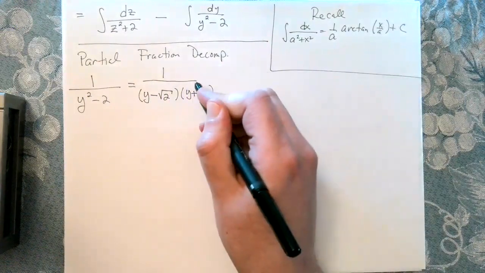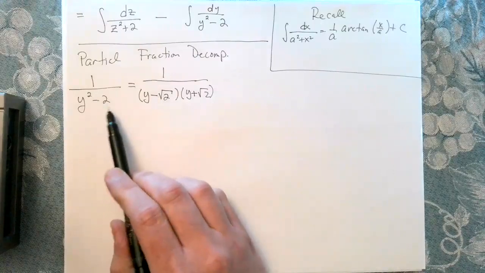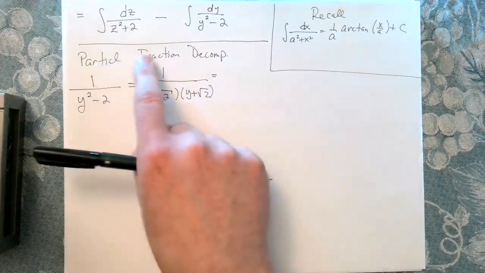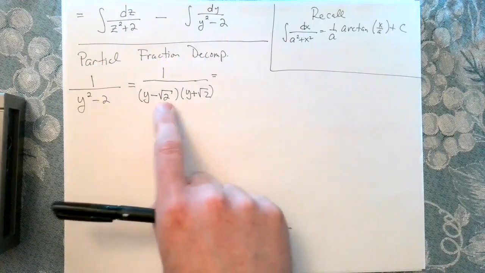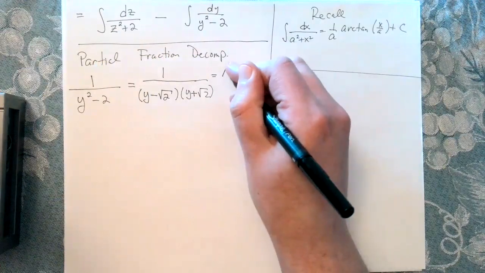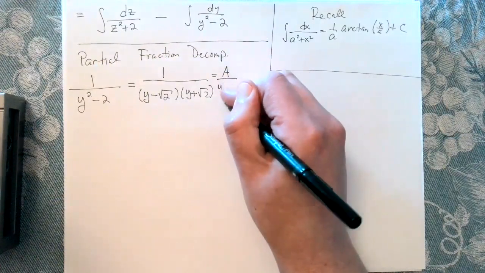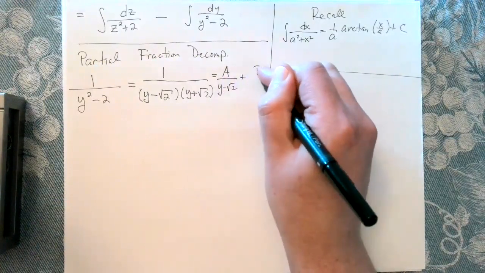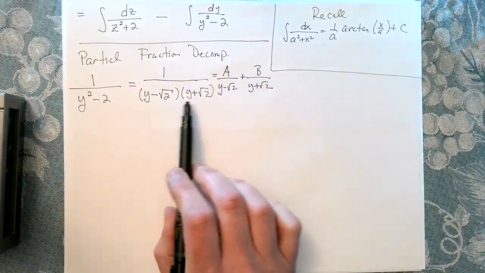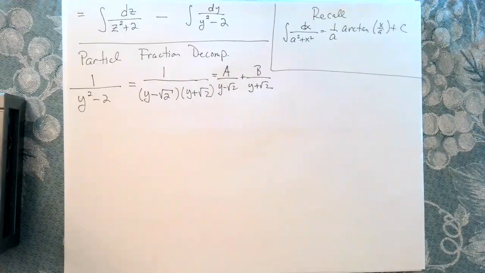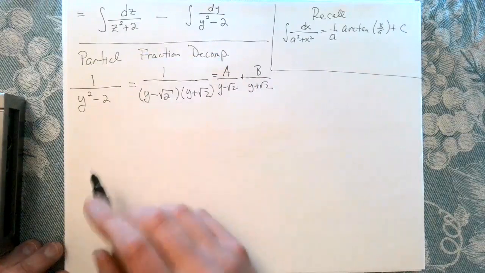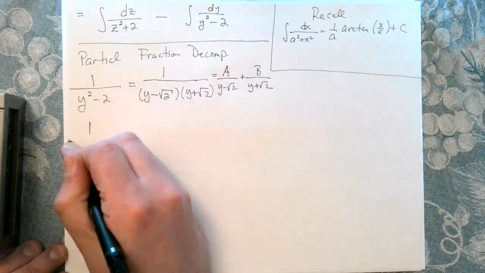So yeah, really how I would factor the difference of squares, but just realizing that it works on more than just perfect squares. But in terms of partial fraction decomp, when I classify the factors here in the denominator, this is linear and unique. So I decomp it with a constant. So a constant over the first factor plus a constant over the second factor. That's how we decomp linear unique factors. Okay, so I'm really dealing with this part here. And so maybe I'll separate that just for some more room.